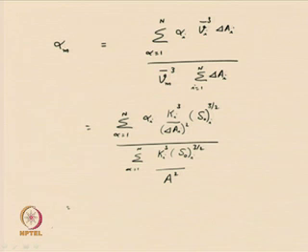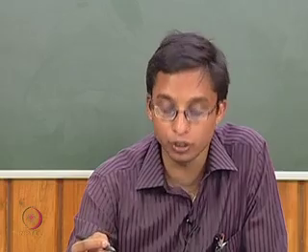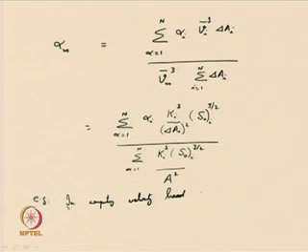So, for example, in computing velocity head using the average uniform velocity of the compound section, if you want to compute velocity head, this is given as alpha m into V m squared by 2 g.